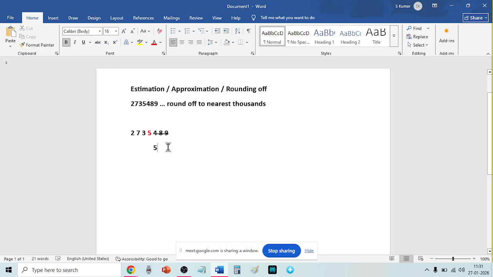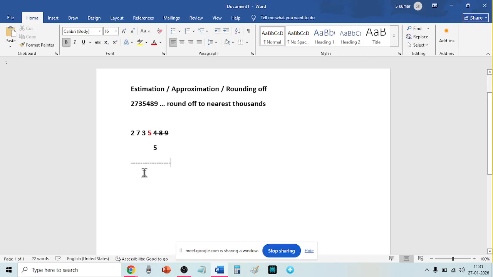I'm putting it in the first digit which I have cut, the first unnecessary part, the part which I don't need. Because this is thousands, this I need. The other things I don't need. So in the useless part, the first one, you put 5.